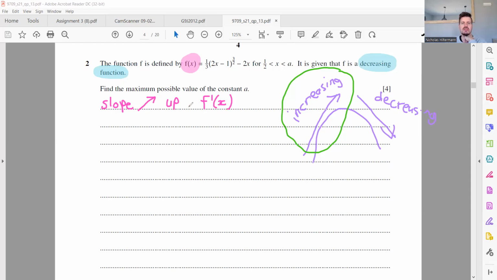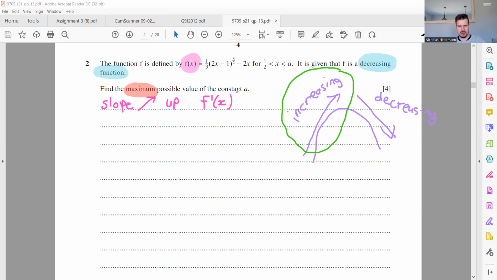Okay, so whenever you see these sort of questions, where you're seeing decreasing, and then the other key point, if you hadn't noticed the decreasing, the other big deal for these types of questions is maximum. All right. So the maximum possible value.